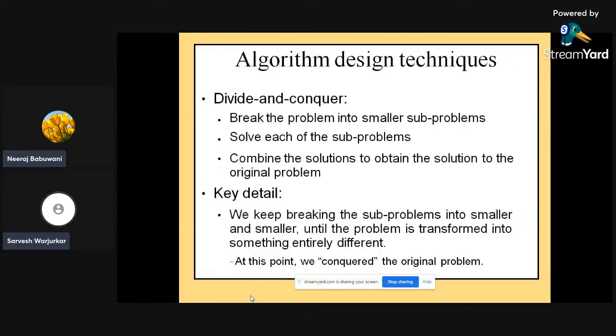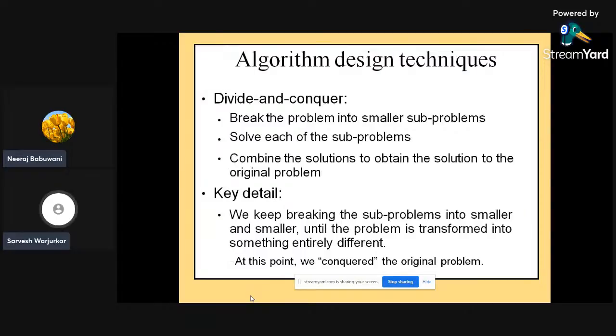What are the key details that we keep in mind while breaking the sub problems into smaller and smaller ones, until the problem is completely transformed? At that point, we have conquered the original problem. What is that original problem and what is that conquering?